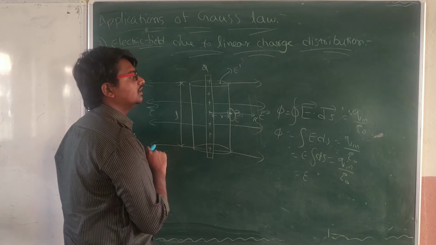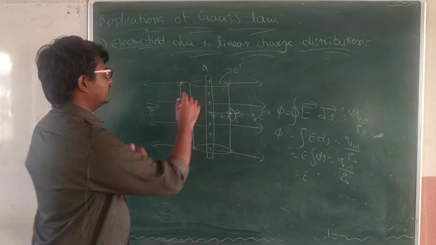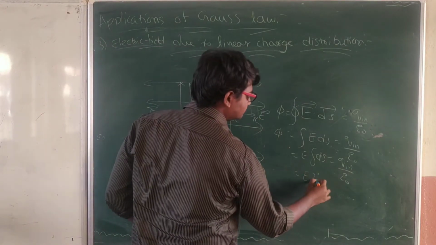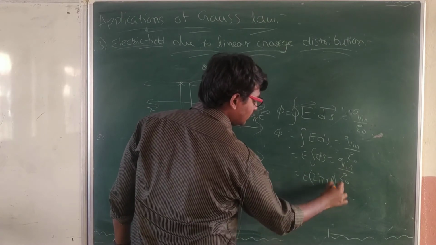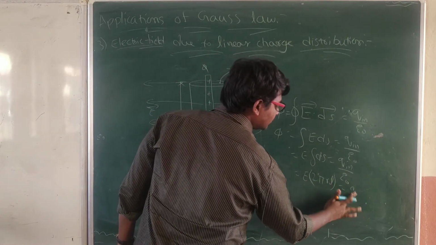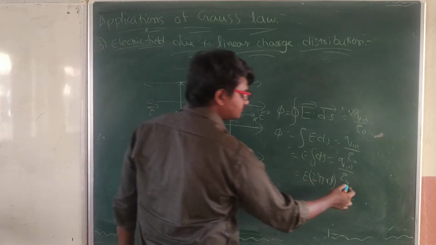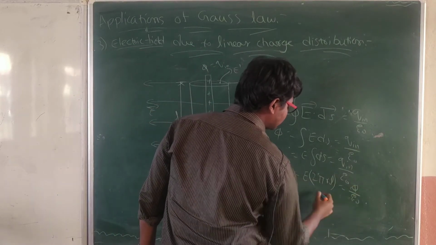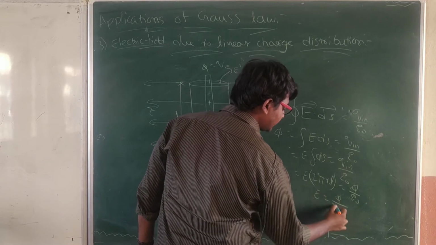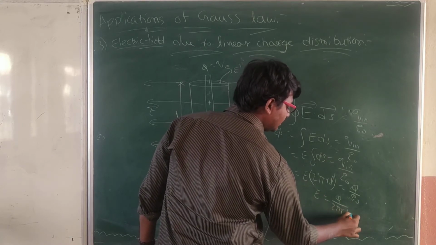What is the total surface area of the cylinder? 2 pi r L. So E times 2 pi r L equals Q inside, which is capital Q by epsilon naught. That is, E equals Q by 2 pi r L epsilon naught.